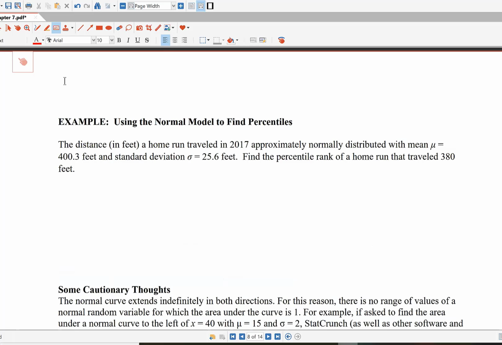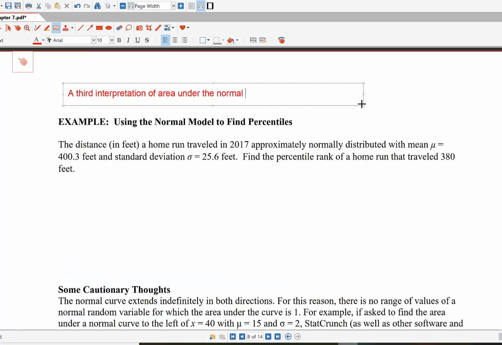A third interpretation of area under the normal model is percentiles. You remember percentiles?